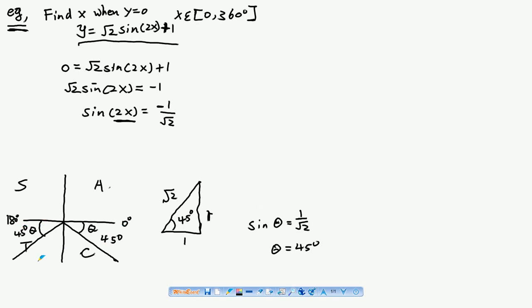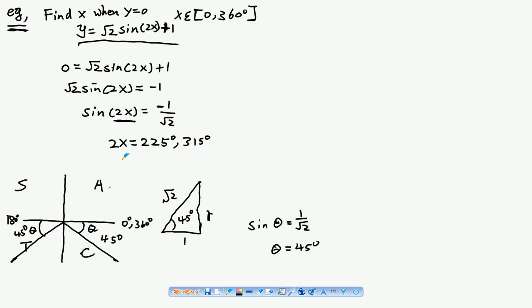Now I can easily find my answer. So 2x is 180 plus 45 degrees, which is 225 degrees, the angle there. And the other angle is 360 degrees minus 45 degrees, which is 315 degrees.